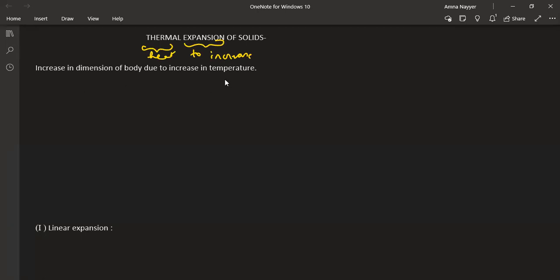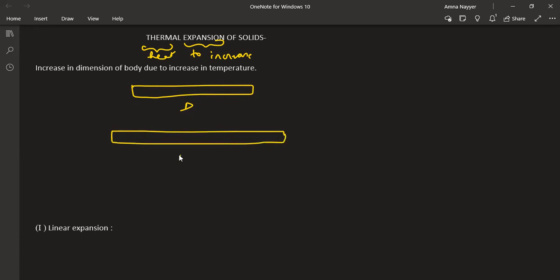That is, increase in the dimension of a body due to increase in temperature. Suppose I have this body and I supply heat to it. After a certain time, I'll notice the length of the body will increase. That is how welding and the rest of the iron work are done using fire and heat.